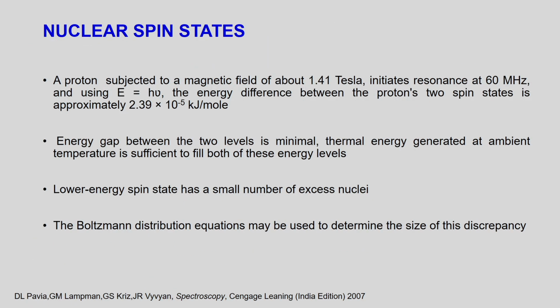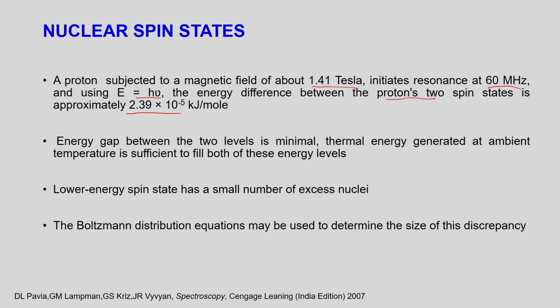A proton is subjected, for example, to a magnetic field of 1.41 Tesla. If you subject a proton to a field of 1.41 Tesla, it will initiate resonance at 60 megahertz. Using the formula h nu, we just saw that the difference between the proton's two spin states is equal to 2.39 times 10 to the power of minus 5 kilojoule per mole.